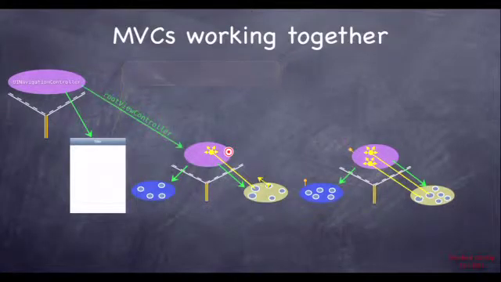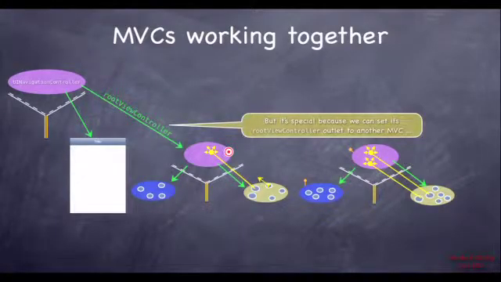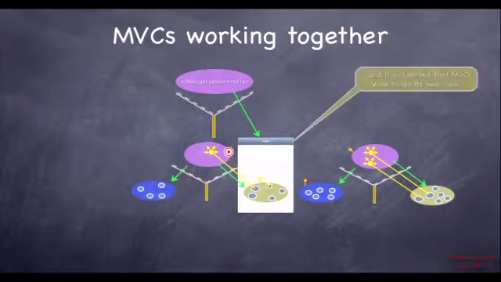But it's a special kind of controller because it has an outlet called its root view controller, which points to the controller of another MVC. You can see this one points to that as its root view controller. The root view controller controls what view appears in the white area of the navigation controller when it comes up.